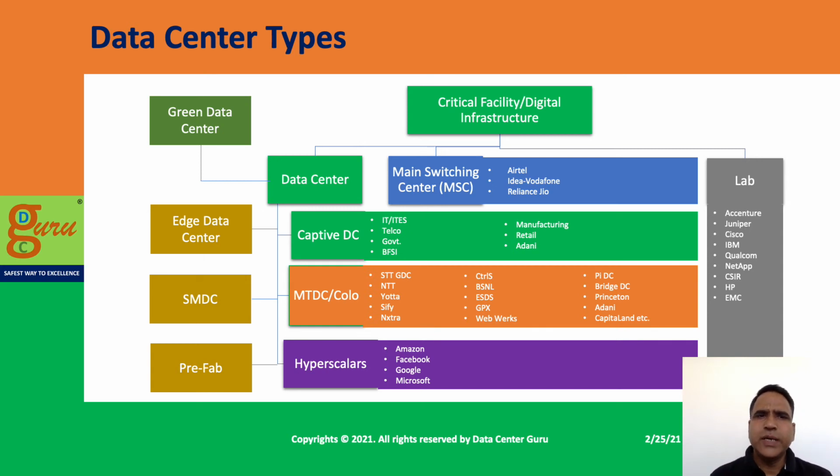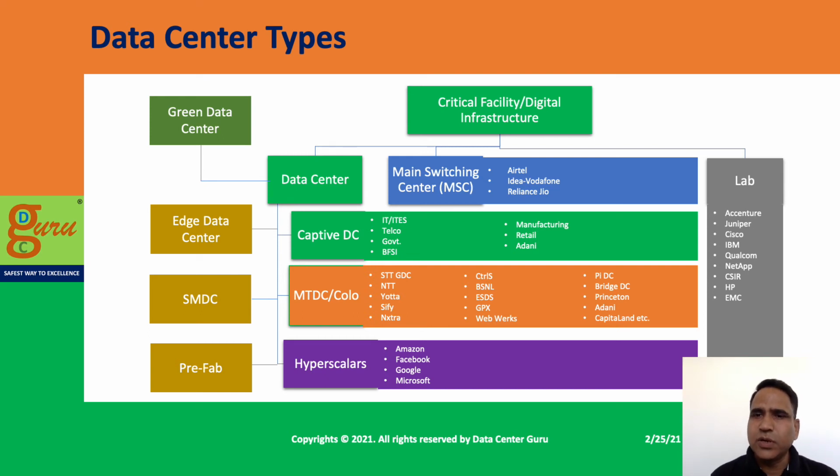Now, data centers are broadly in four categories. The first is the captive DC, or we call it enterprise DC. Let us say I am a data center guru having an organization and I want my own data center. I build my own data center, host all my hardware in it and manage it. There is no third party involvement on the data center front.